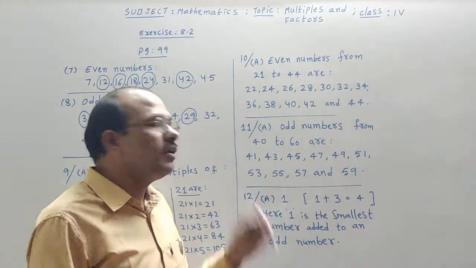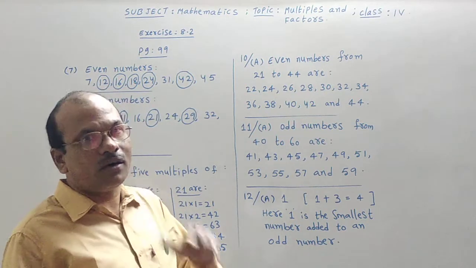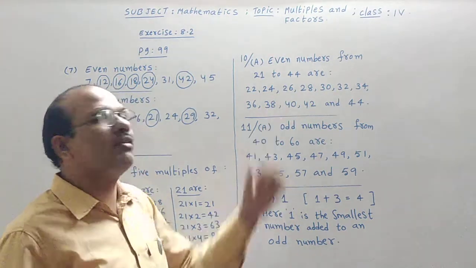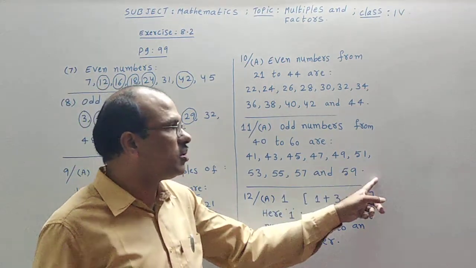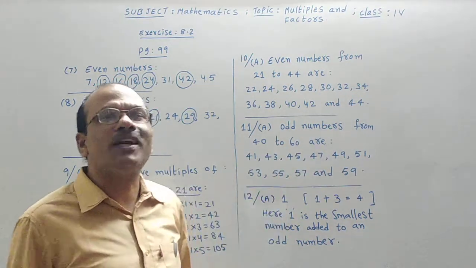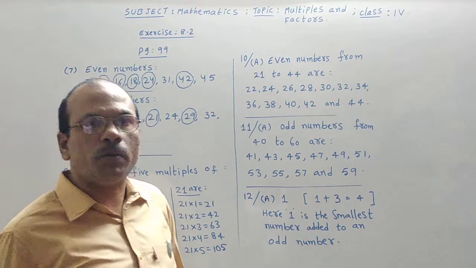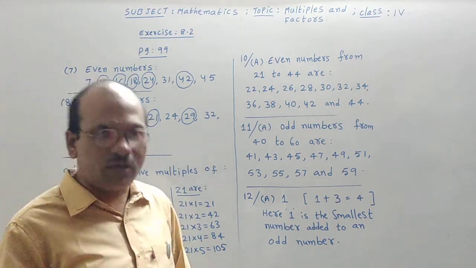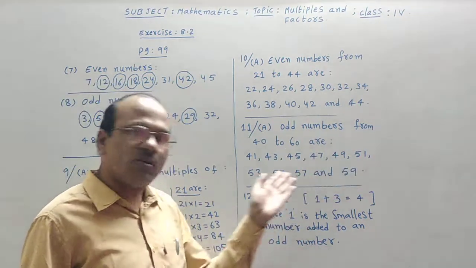All these are numbers which are not multiples of 2 and are called odd numbers. Those only they have asked us to write. After 59, 60 is given in the question, but 60 is a multiple of 2, an even number, so it cannot be part of our list of odd numbers. Am I correct? So only these numbers we have finished.